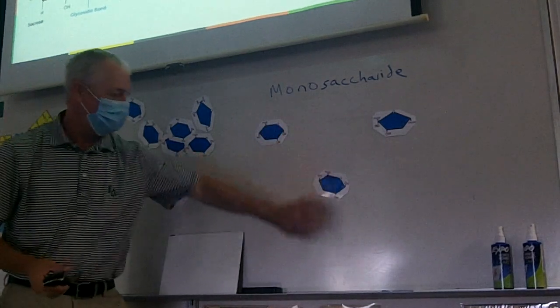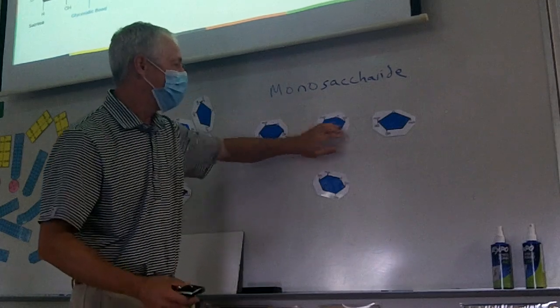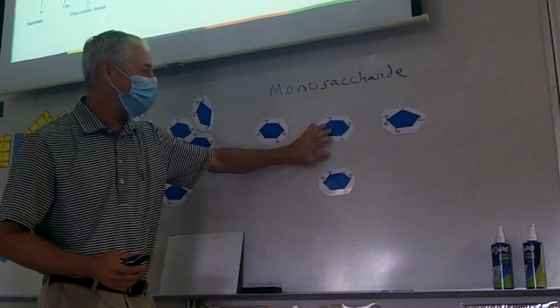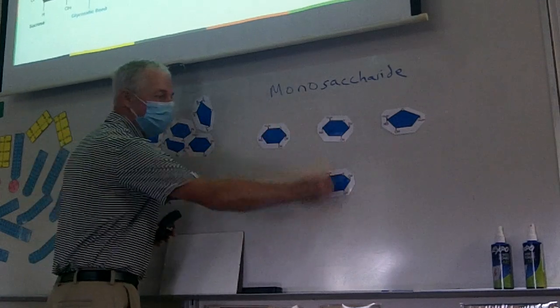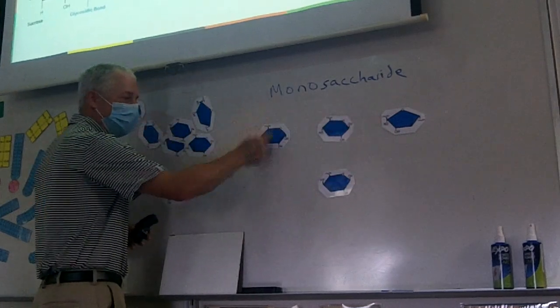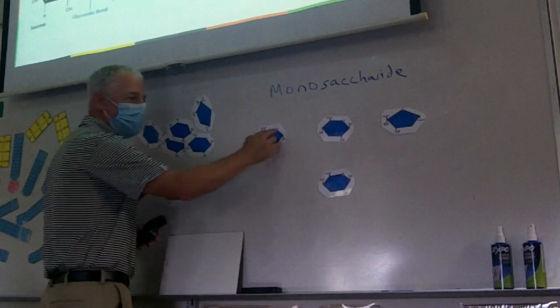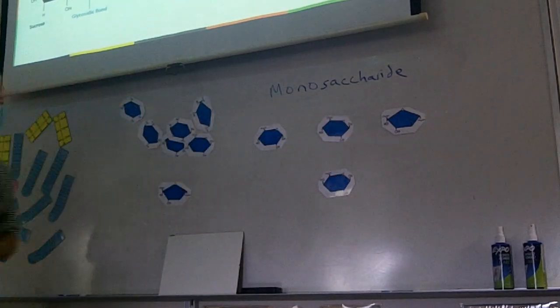This is what your body uses for energy in your mitochondrions. You remember the mitochondrion, the powerhouse of the cell? They can just tear these apart. They like it in this form, but they can deal with it in any of these forms.